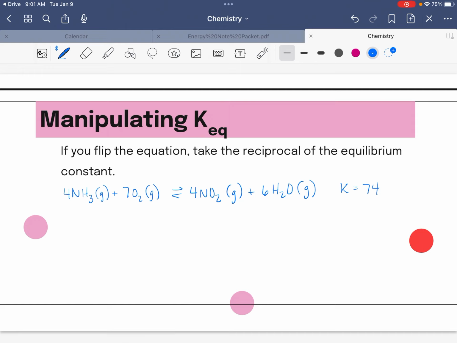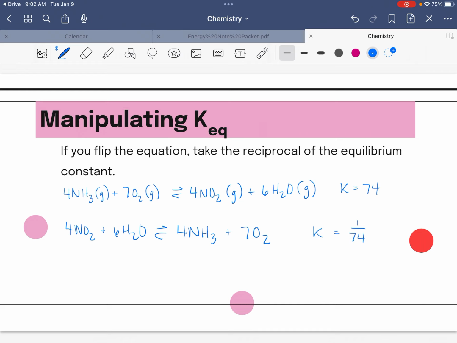If I had to flip this equation so that we're doing the reverse reaction, so that we have 4NO2 plus 6H2O yields 4NH3 plus 7O2, we're just going to take the reciprocal. So K is equal to 1/74.